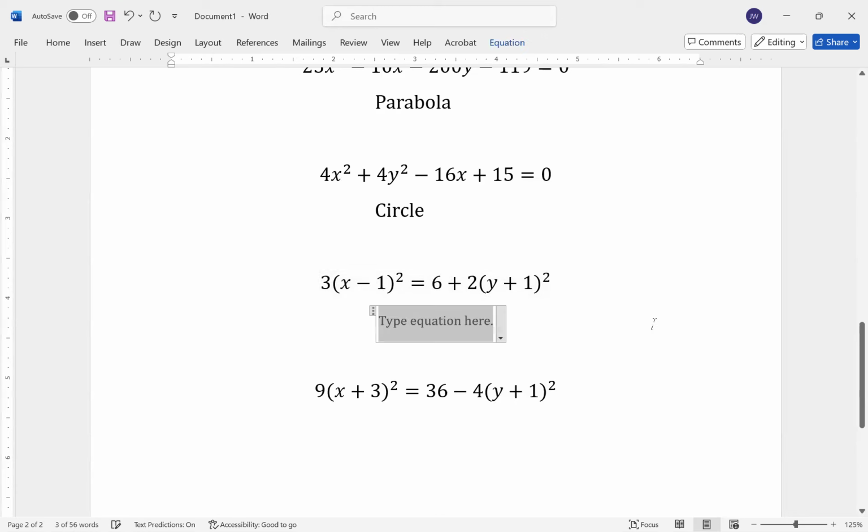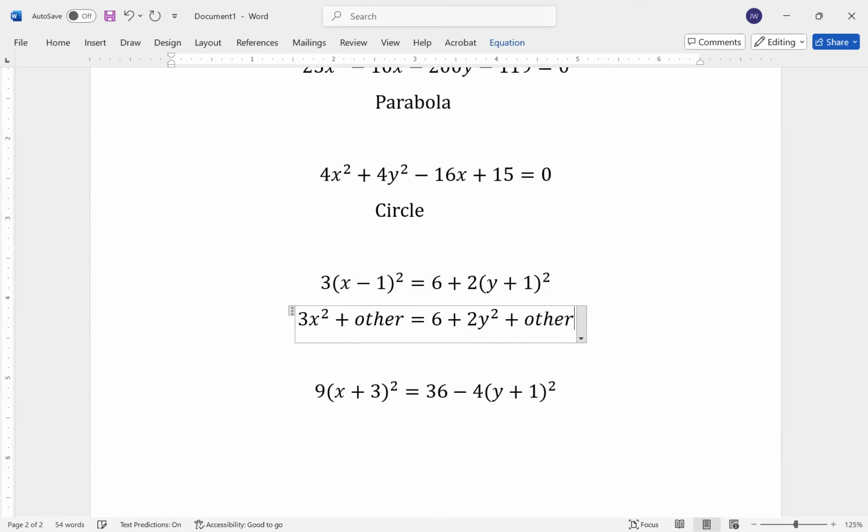So I think of this as 3x squared plus some other things is equal to 6 plus, we're going to get 2y squared plus some other things. Don't worry about the other things because they're not going to involve an x squared or a y squared. I should say don't worry about it for the purpose of identification.